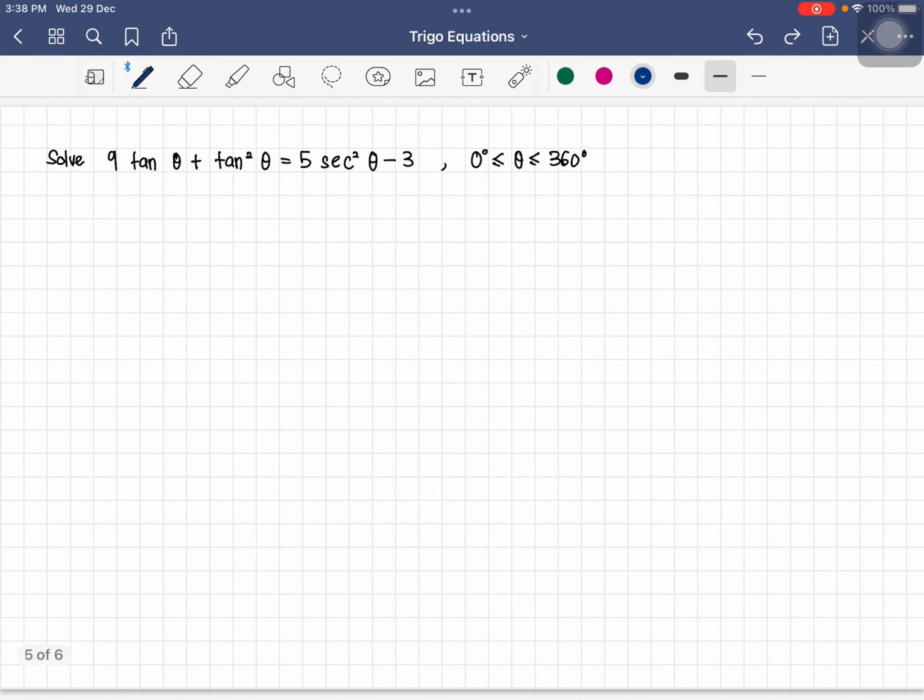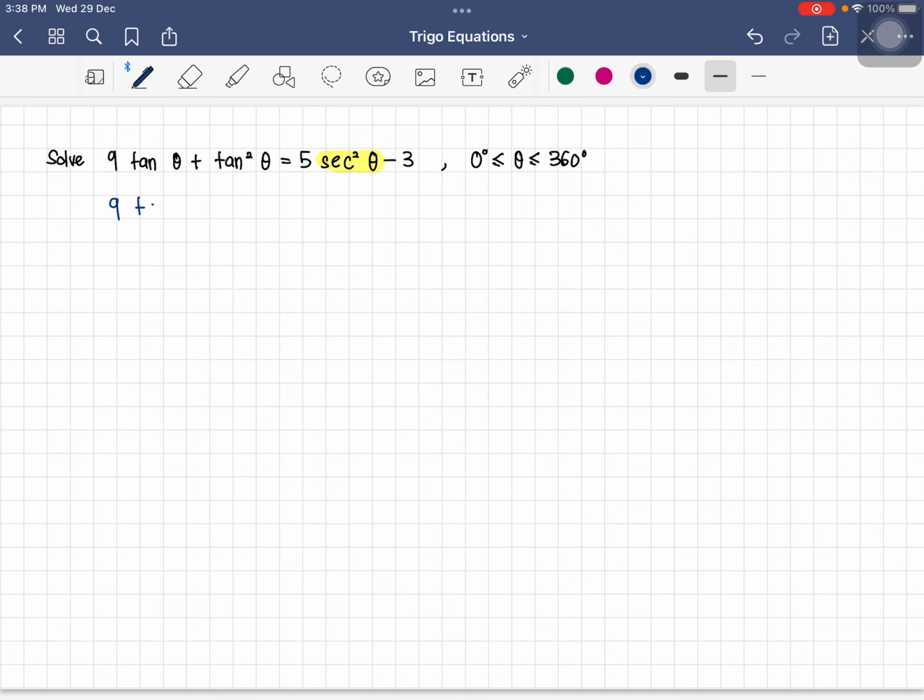So let's look at this one. For this case, you actually need to modify the question a little bit, using the trigonometric identities where you have secant squared theta.